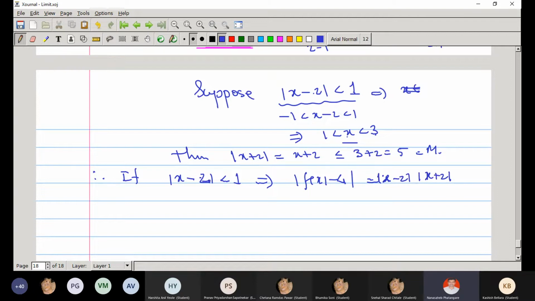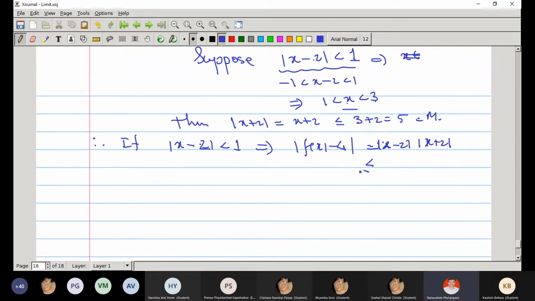But under this condition, |x minus 2| is less than 1, what can I say here? |f(x) minus 4| is less than what? Less than |x minus 2| into 5. Right, because if I control x, ultimately x plus 2 gets controlled and it is less than 5.